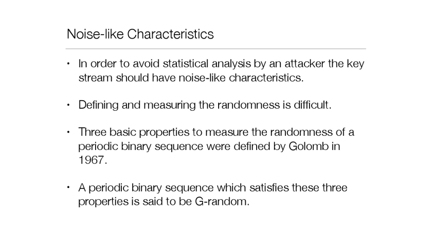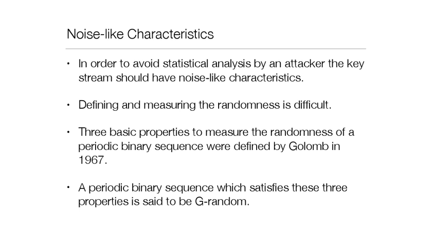So according to Golomb's definition, we can measure whether a particular key stream is random or closer to random. A periodic binary sequence which satisfies these three properties is said to be G-random. G-random means that if the key stream satisfies the three properties defined by Golomb, we can say that particular stream is a G-random key stream.